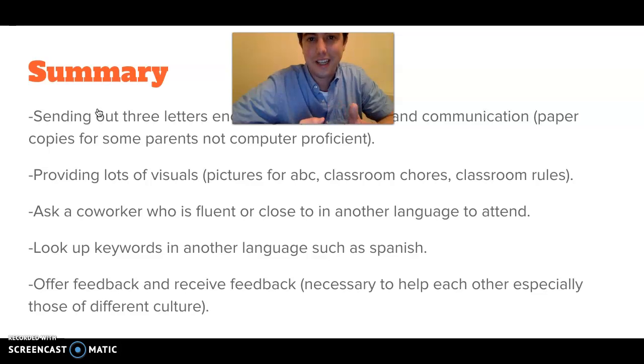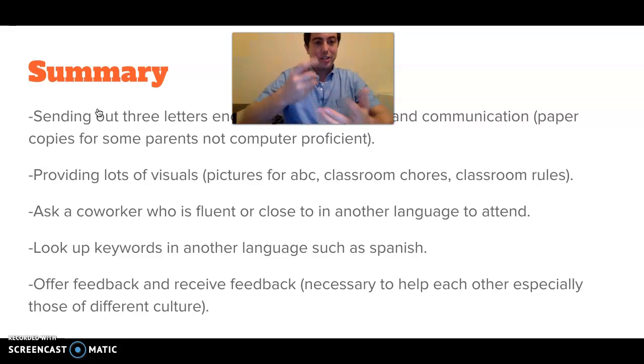I always thought that was a great idea that the book said. Pictures of the ABC wall, A is for apple, B is for bat, C is for cat, showing those pictures. Classroom chores, you can even show, put on your book bag, get ready to go on the bus. Classroom rules, quiet when the teacher's speaking, have a picture of the quiet gesture.